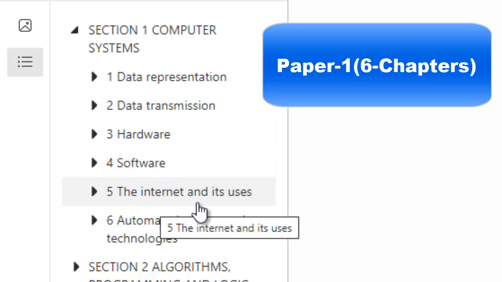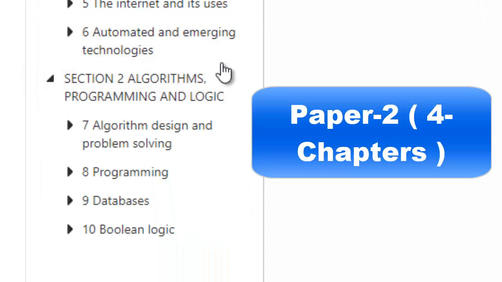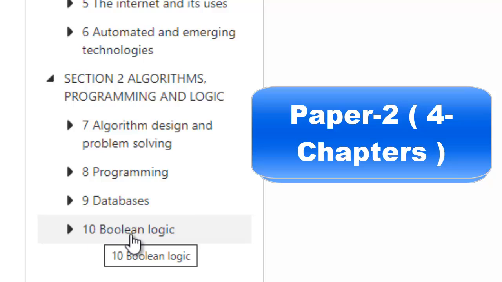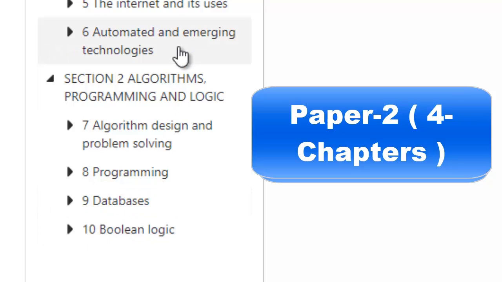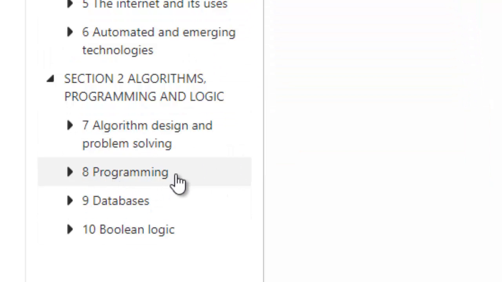Chapter 5 is the internet and its uses, automated and emerging technologies. Now section 2: problem solving and design, algorithm and logic gates. They have added logic gates this time in paper 2; earlier it was part of paper 1. Then algorithm and design, chapter 7 programming, databases.